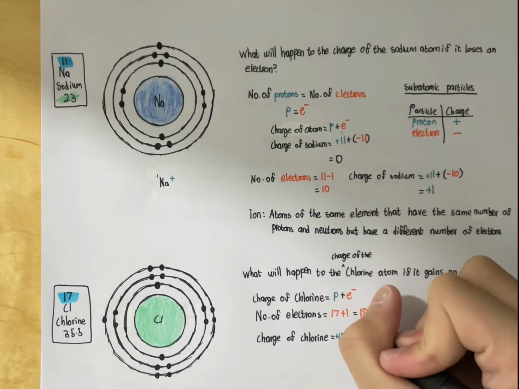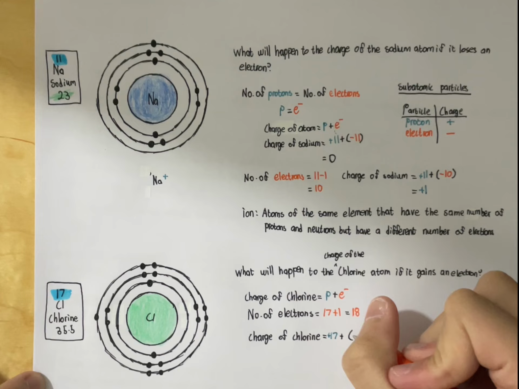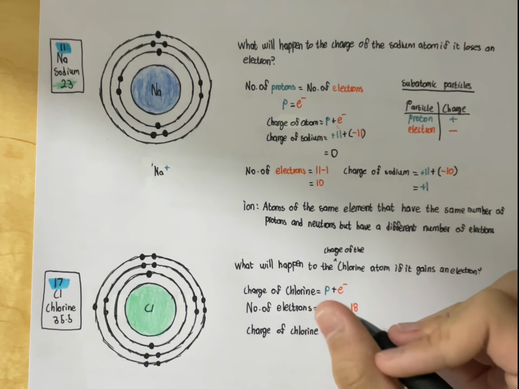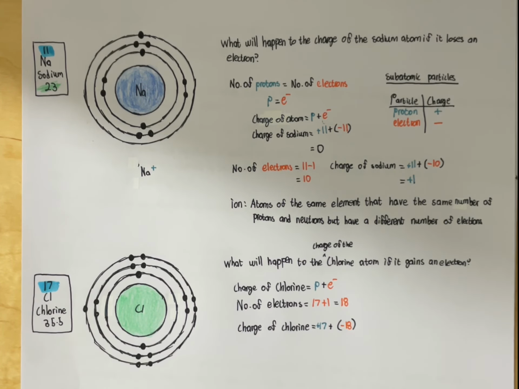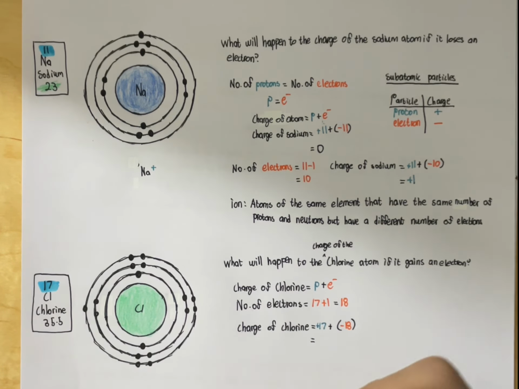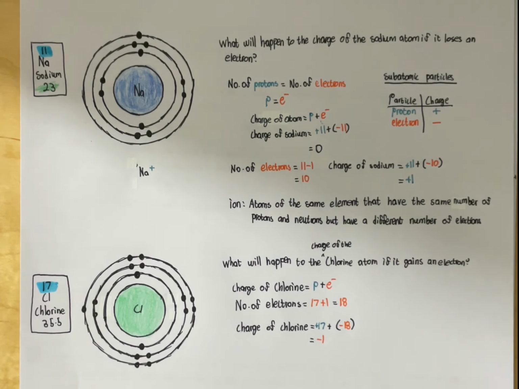Plus how many electrons do we have? Well, we have 18, so the total charge of the electrons is going to be minus 18. So the charge is going to end up being minus 1. It's going to be a negatively charged ion.